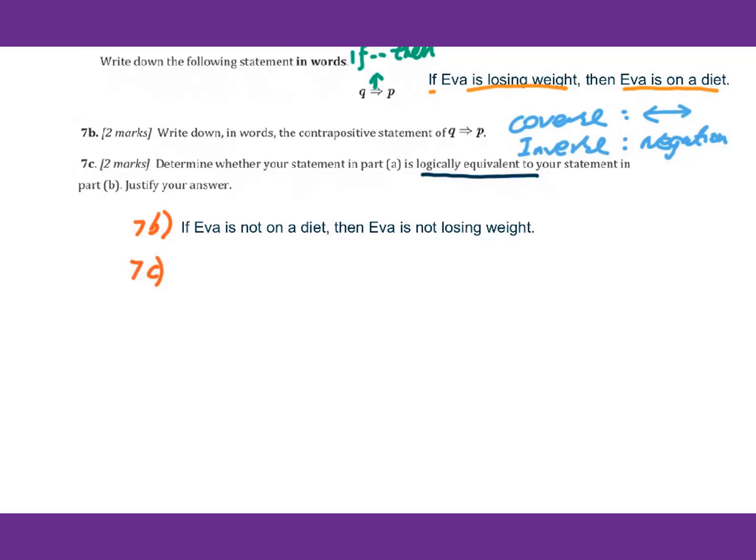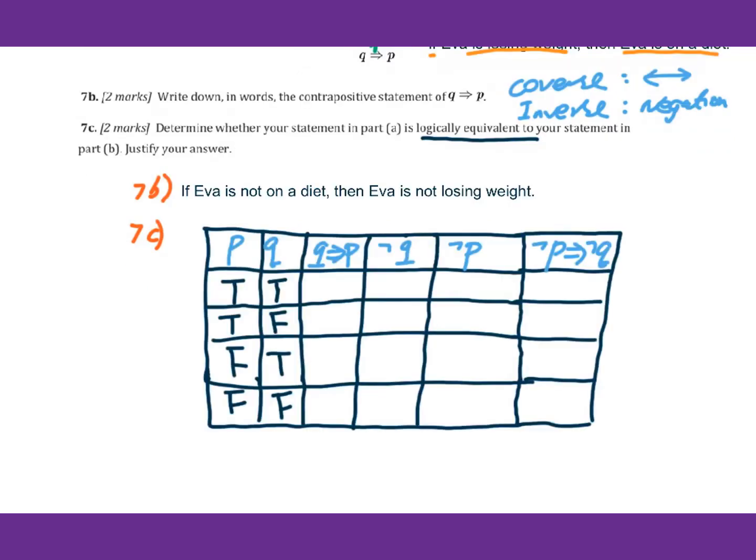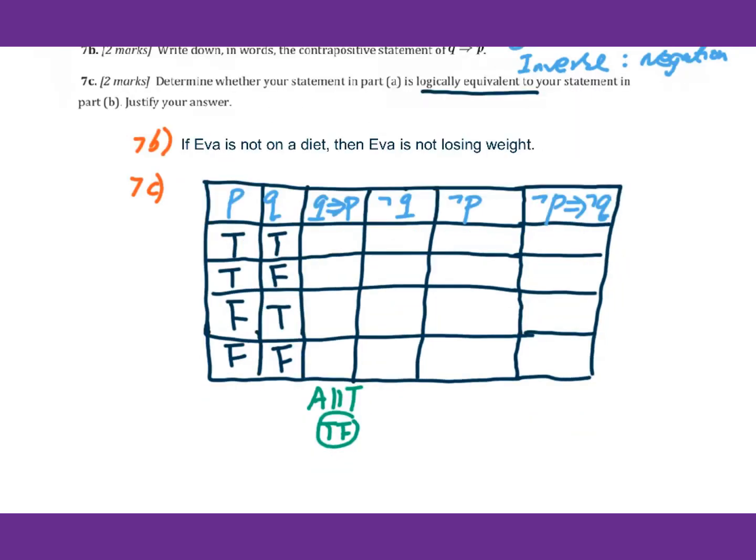For 7C, determine whether your statement in Part A is logically equivalent to your statement in Part B. Justify your answer. You need to draw the truth table to justify. Let's draw the truth table. You have P, Q. For Q implies P, the values will be all true except true, false. So we're looking for true, false.